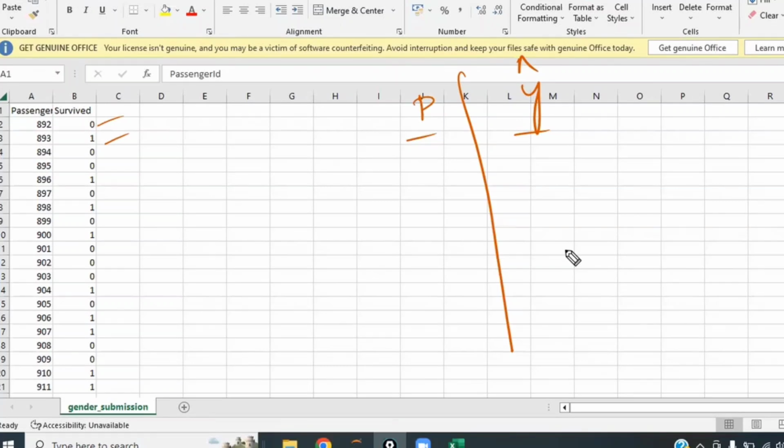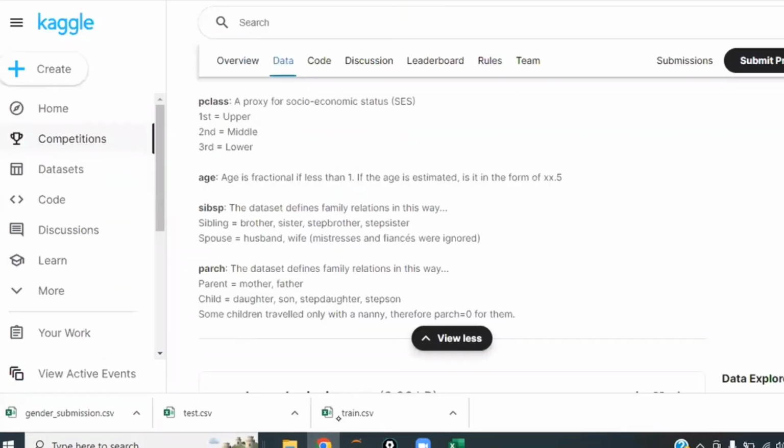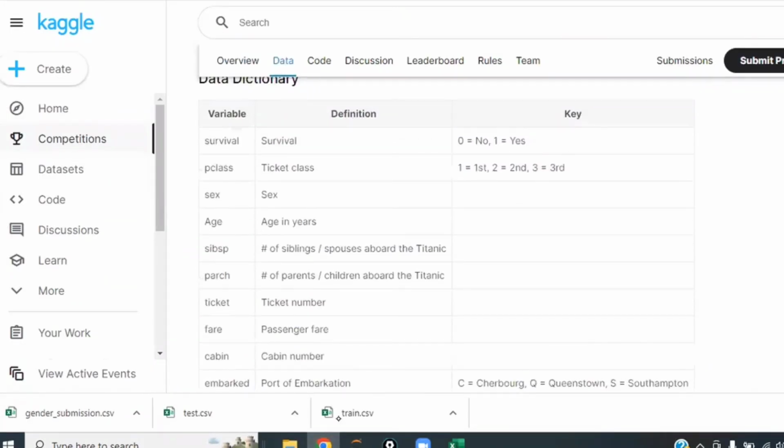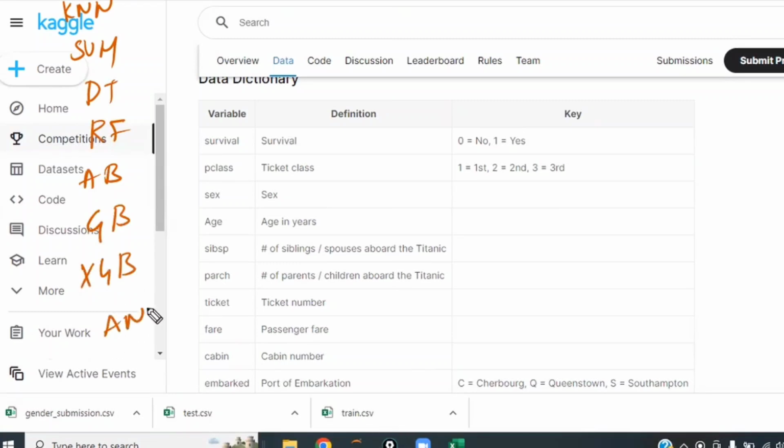Is that clear? This is a binary classification problem, where the person has survived or not survived. For this, we are going to apply logistic regression, next KNN, SVM, decision tree, random forest, AdaBoost, gradient boost, XGBoost, and ANN.